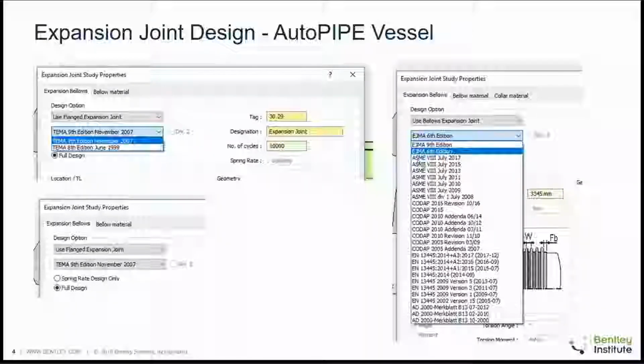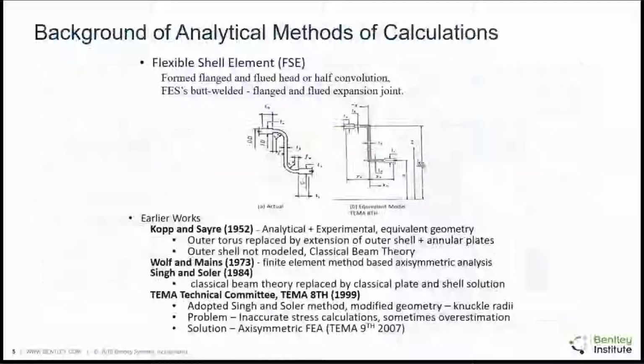And you can also design based on the TEMA 8th edition, which was the 1999 version. And to the right, you can see you can use expansion bellows. So those are in accordance with EJMA standards, CODAP, and EN and AD Merkblatt standards.